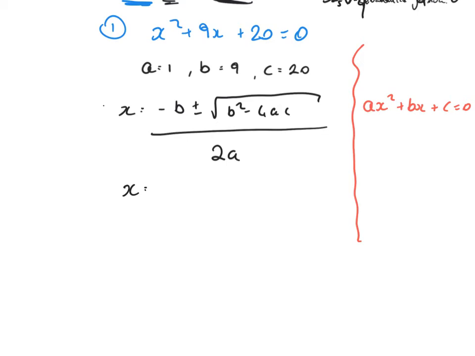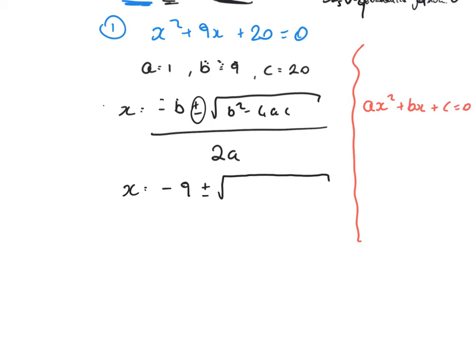Okay, so let's just take our time. So b equals 9, and I've got minus b, so minus b must be minus 9. I've then got this plus or minus, and then it's the square root of b squared.